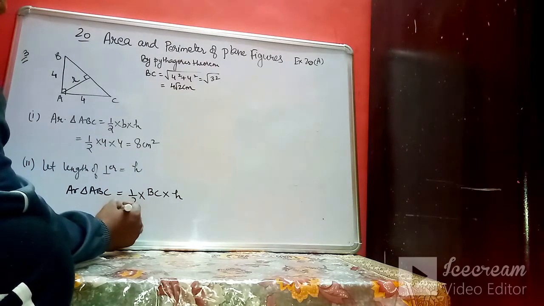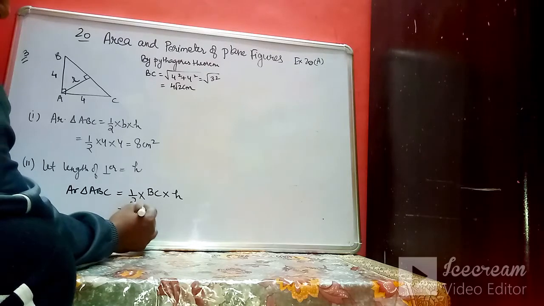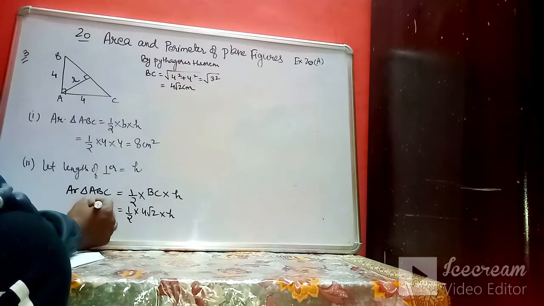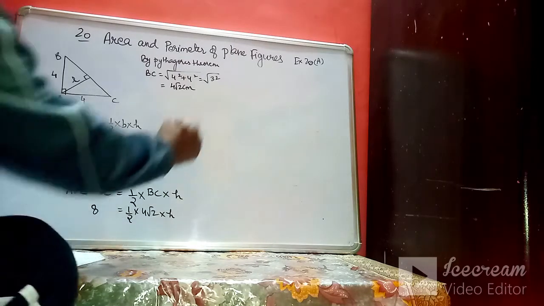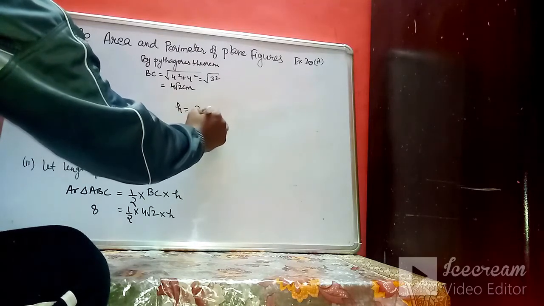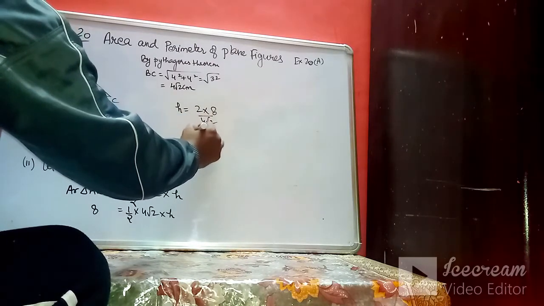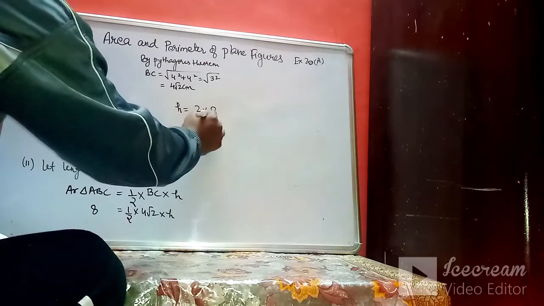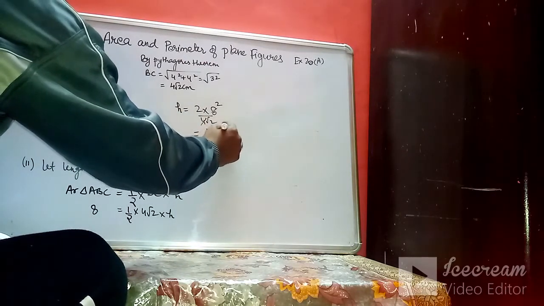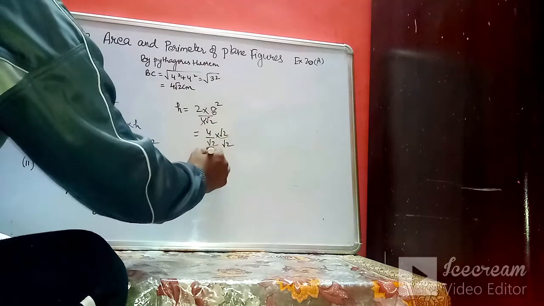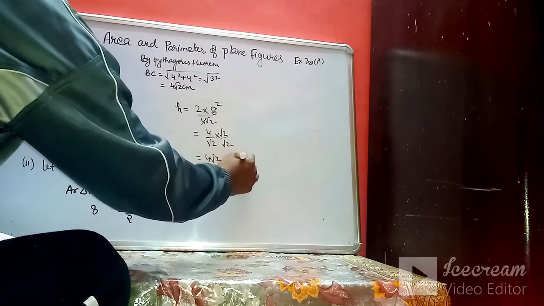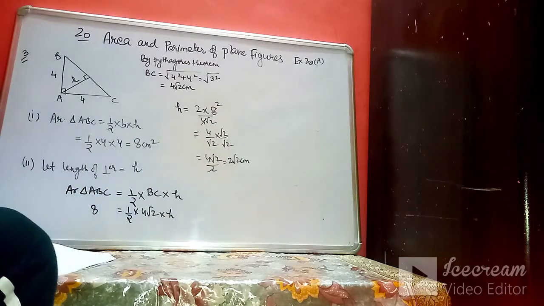Now we will put the value of BC here, 4 root 2 into height, and here area we will take as 8. So we get h equal to 2 into 8 upon 4 root 2, that is 4 upon root 2. Or if you wish to rationalize, it will be 4 root 2 upon 2, height is 2 root 2 centimeter.